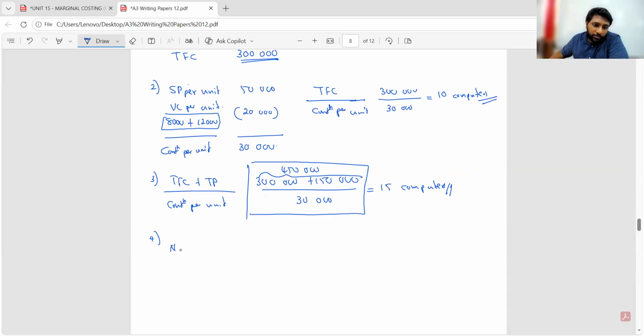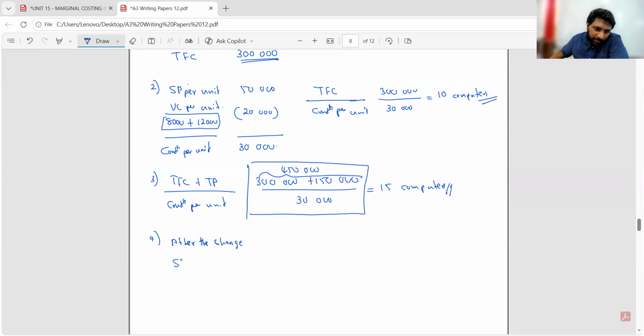New, let's say after the change. After the change. Selling price per unit is 50,000.